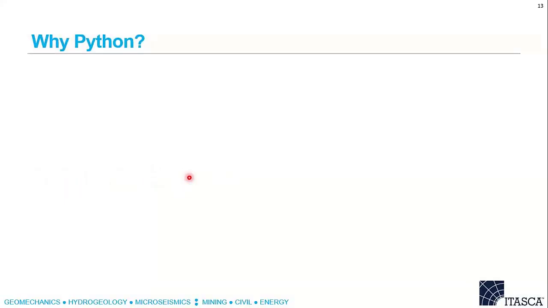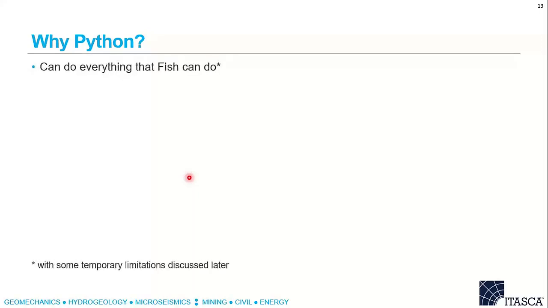And the chief thing with that is, why should you, as engineers and as programmers, bother using Python instead of Fish? Well, firstly, Python is capable of doing everything that Fish can do, with some temporary limitations. That's the little asterisk that I'll discuss later.